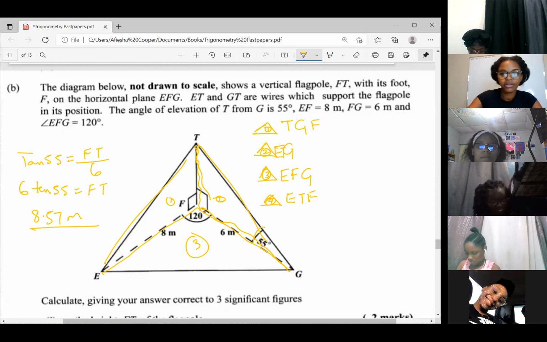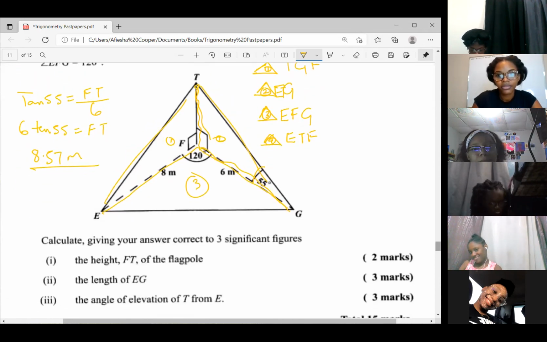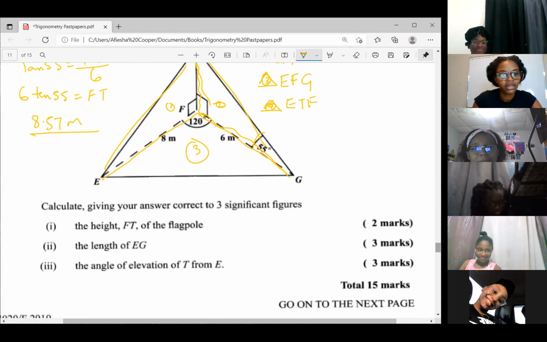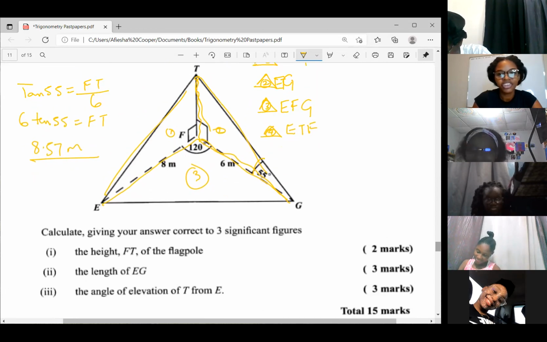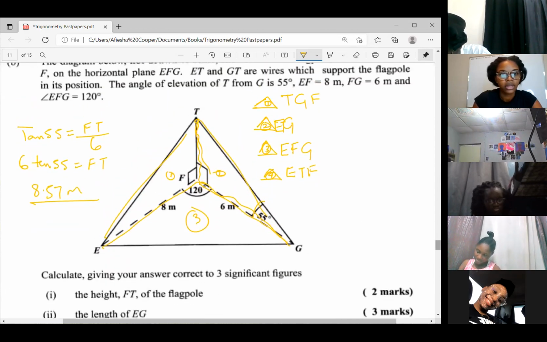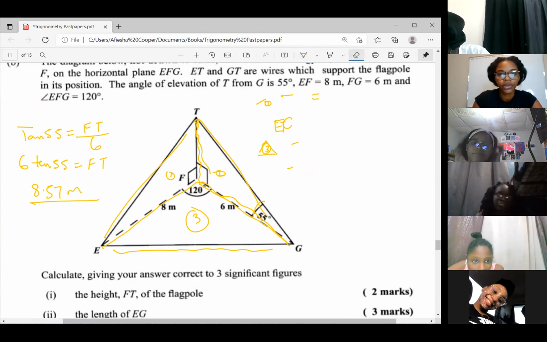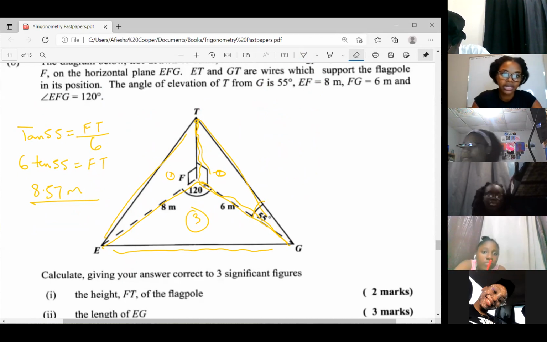Any other questions? You all had a confused look on your face. What's happening? Oh, okay. EG. Where's EG? EG is down here. So we can use triangle 3, right? Which rule are we using now? What would we use to work out EG down in that 3rd triangle?